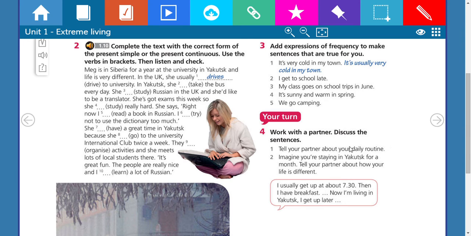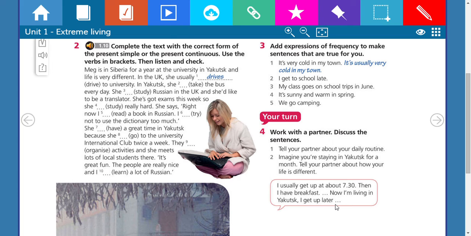So if I say routine, it's in the present simple. Remember? I usually get up at 7:30. Then I have breakfast at, I don't know, 8 a.m. And then look, you mix here. Now I'm living in Yakutsk. I get up later, no?